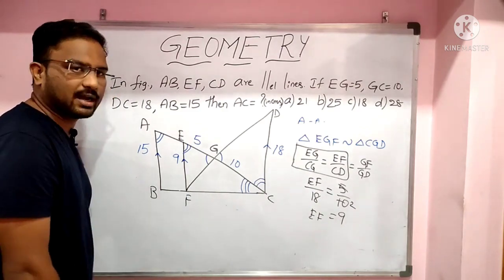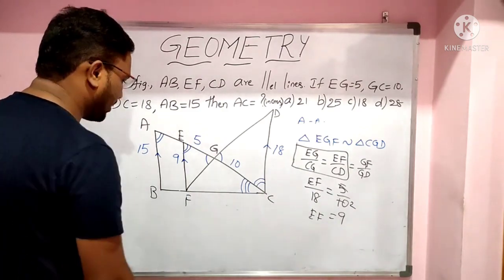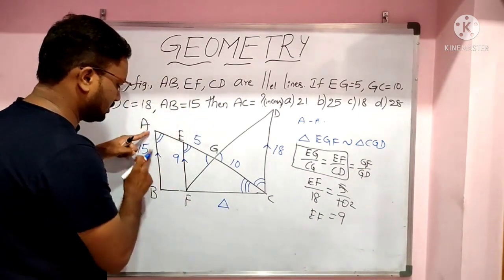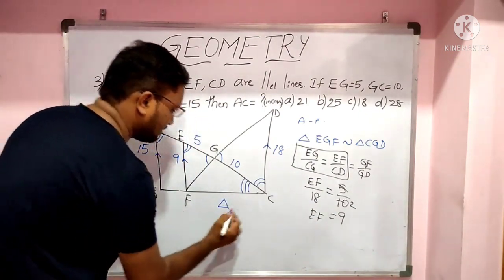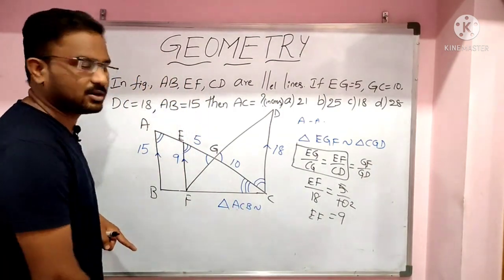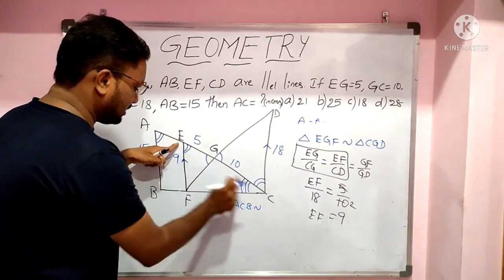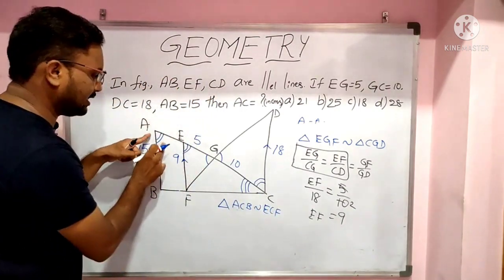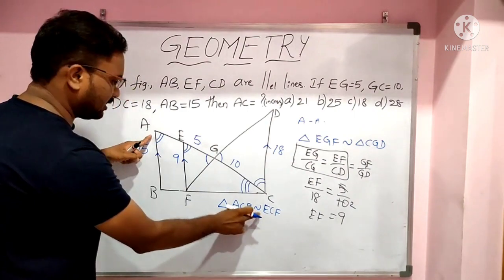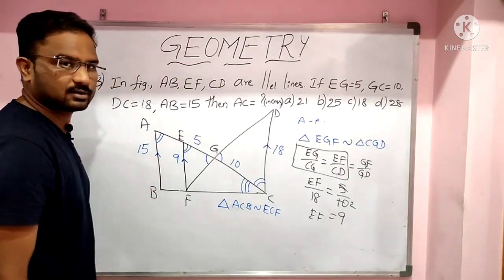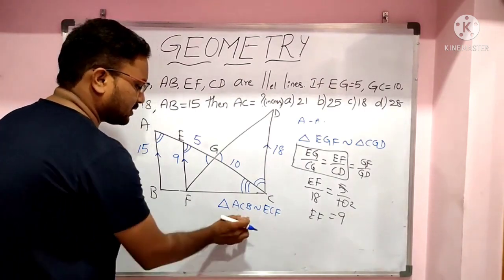So according to the angle property, we can say triangle ACB is similar to triangle ECF. Here angle A, here angle E. Here angle C, here angle C. Here angle B, here angle F. So the two triangles are similar.